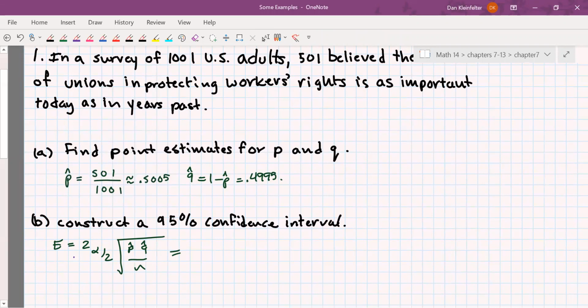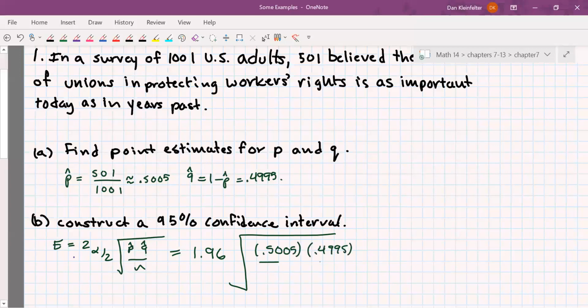For a 95% confidence interval, we saw that our Z 0.025 is 1.96. And then we've got this big square root of P hat Q hat over N.